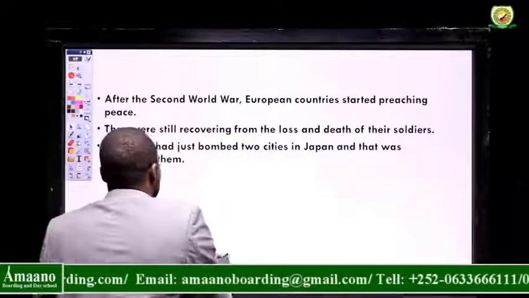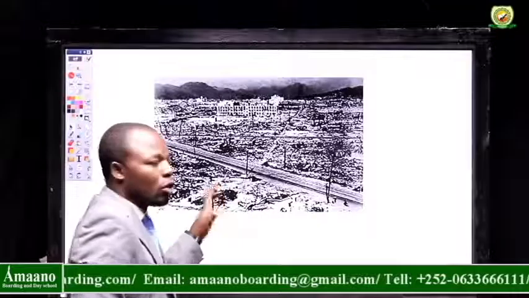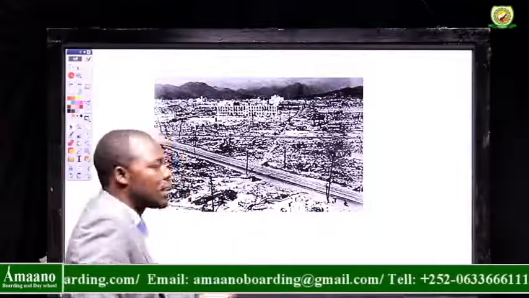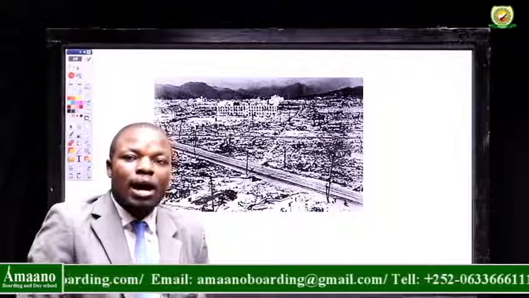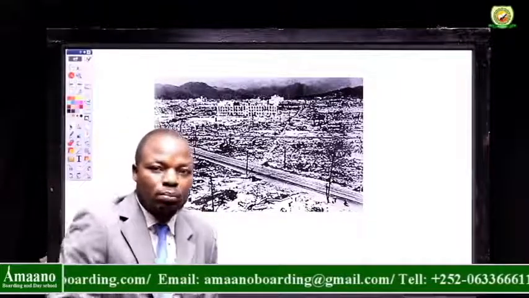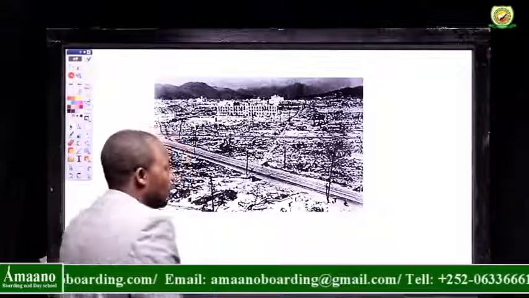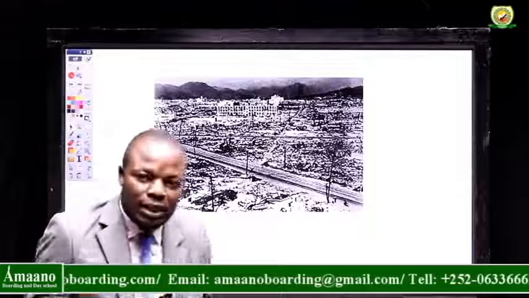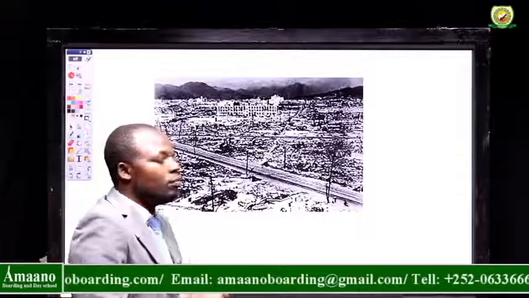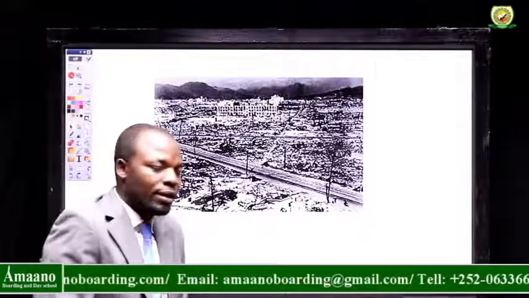This picture here, it cannot be seen clearly, but it is an aftermath of how the USA bombed Japan. It dropped massive atomic bombs on two Japanese cities, Hiroshima and Nagasaki. It was a devastating, very bad scenario because very many people died.